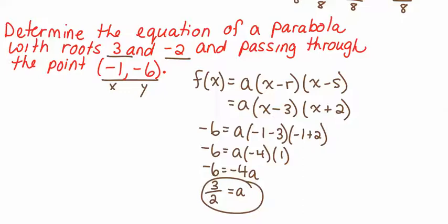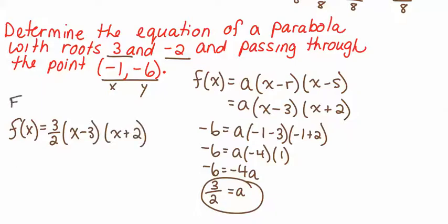So once I find my a value, I can write my equation. 3 over 2, x minus 3, x plus 2. And I can leave it in factored form like this. That's fine. Factored form is actually really awesome. Or if I wanted to use standard form, I would just multiply my brackets out and then multiply it by 3 over 2, if the question asked you to find standard form.